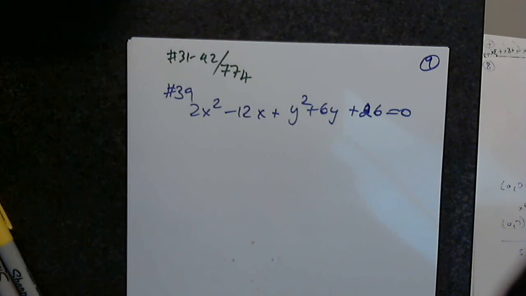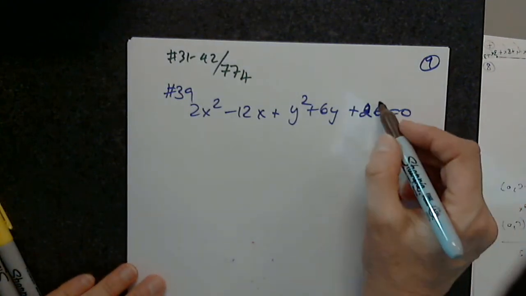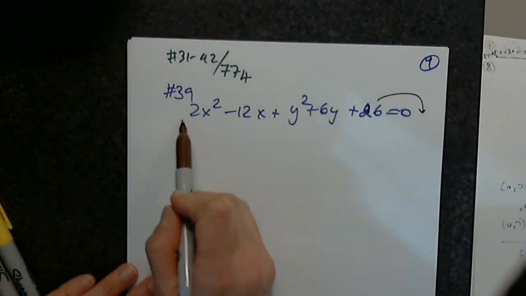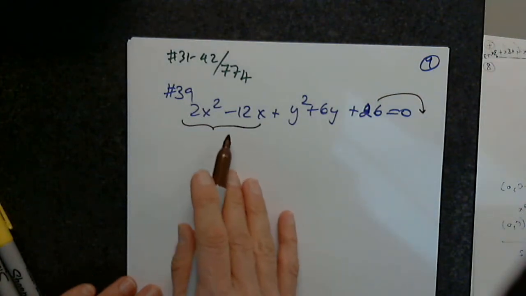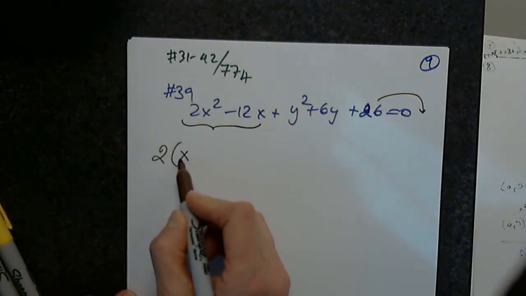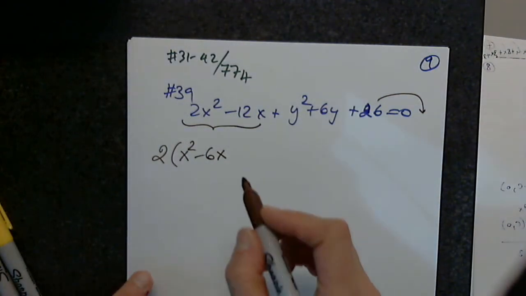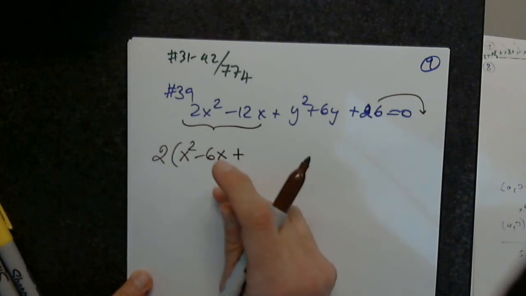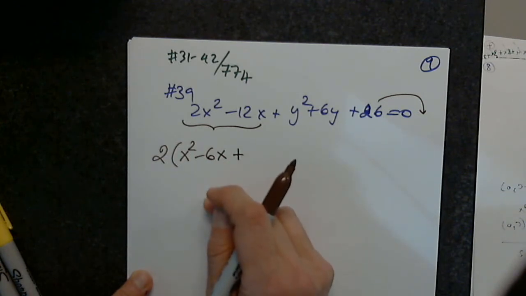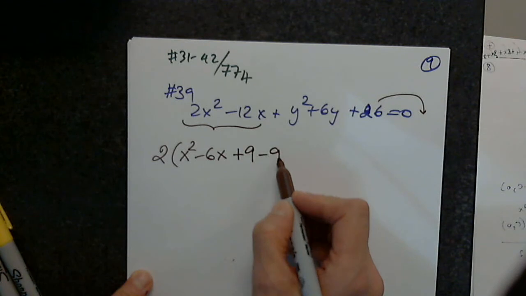Put 26 on the right side, negative 26. Yes, you can do that, but I would like to save some time and factor out the 2. And I have x squared minus 6x, and figure out what I need to add and subtract. It's negative 6 divided by 2, so 3. 9 and minus 9.